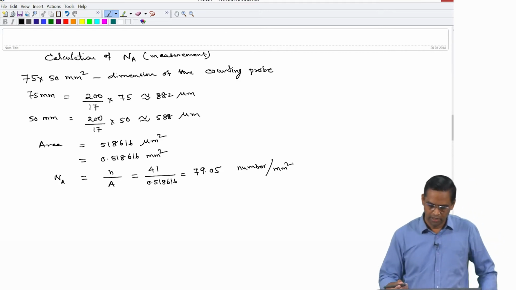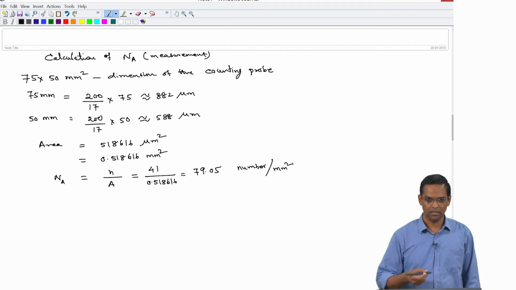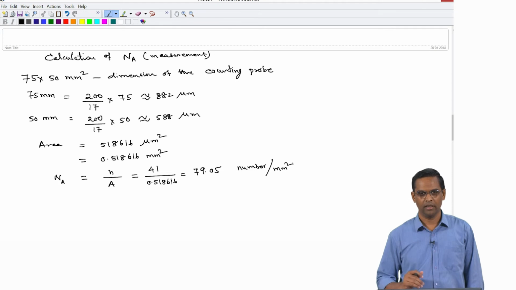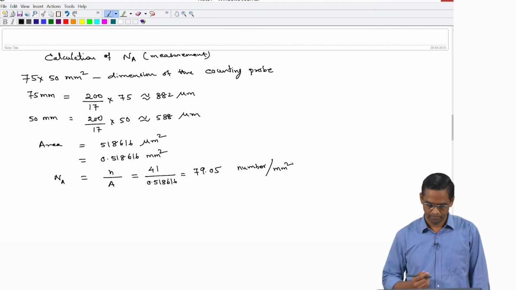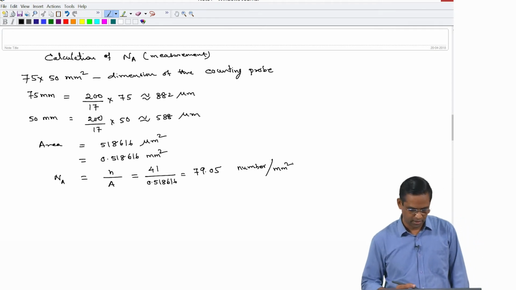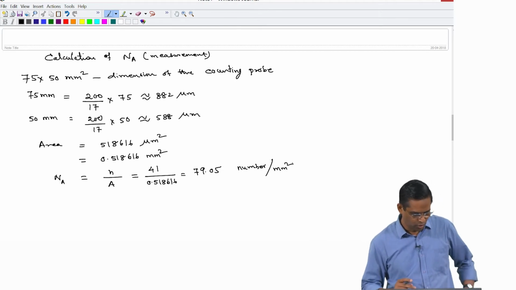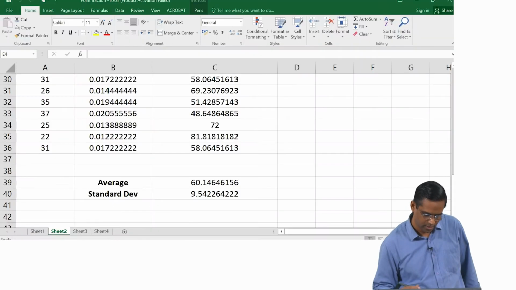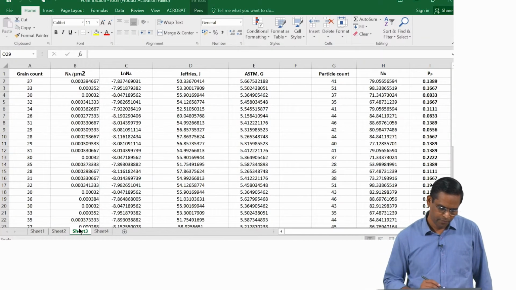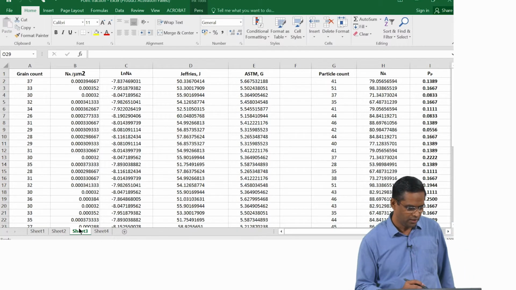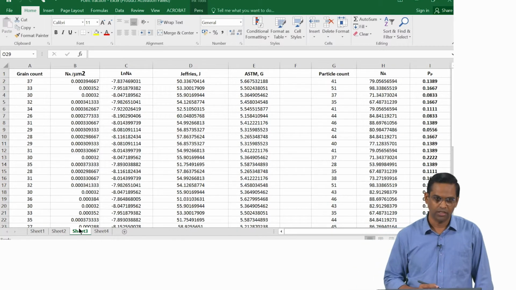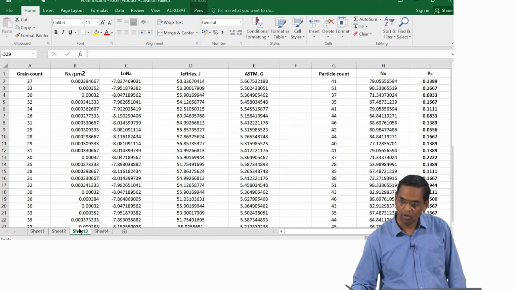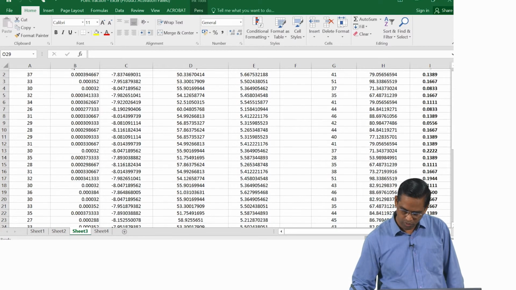So, you can use that micrometer scale also for doing grain size calculation, for example, ASTM grain size and so on. So, what we can do is, I will just show how I have used that calculation. So, if you look at this Excel sheet, in the first column I have just put the grain count using all these measures up to 35.